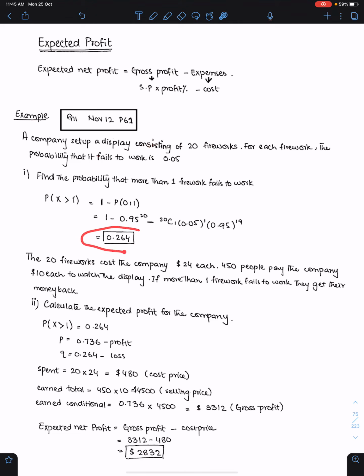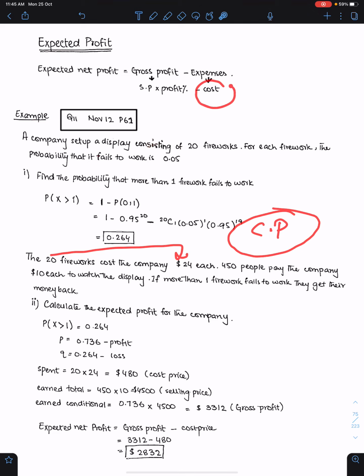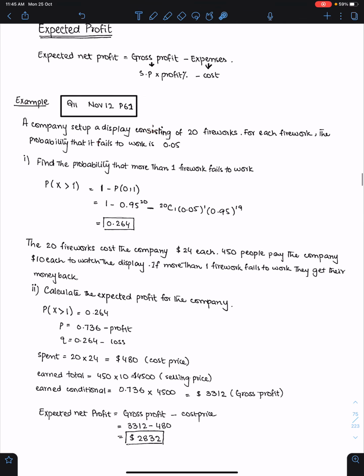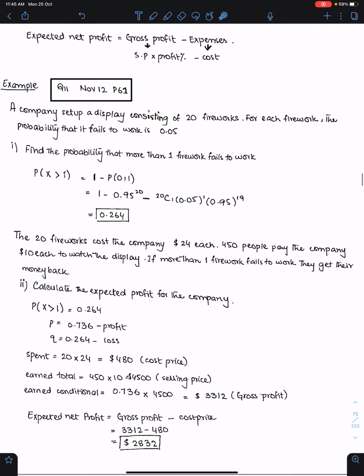And you can say this is the probability of loss. Anyway, the 20 fireworks cost the company $24 each. So if you multiply 20 with 24, you will get the cost price. 450 people pay the company $10 each.